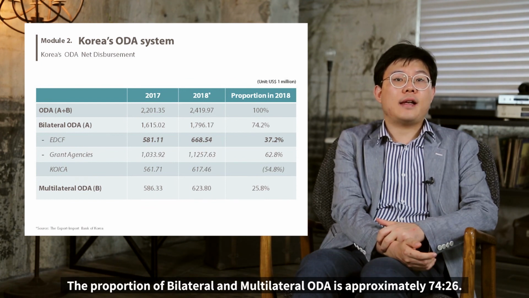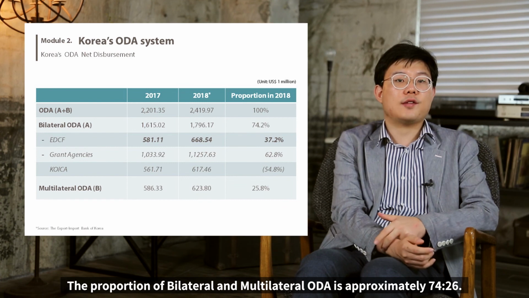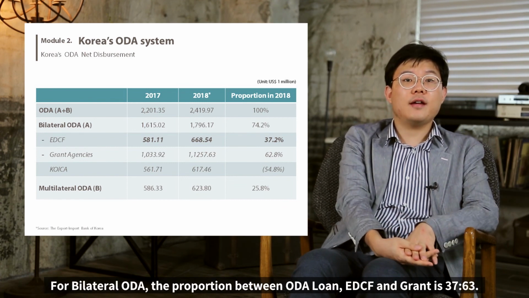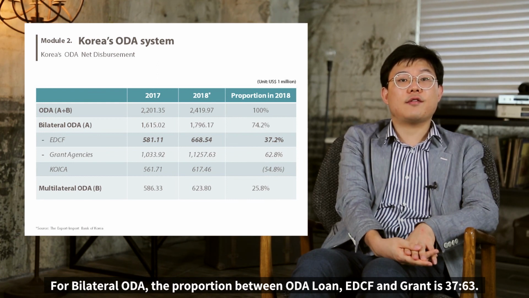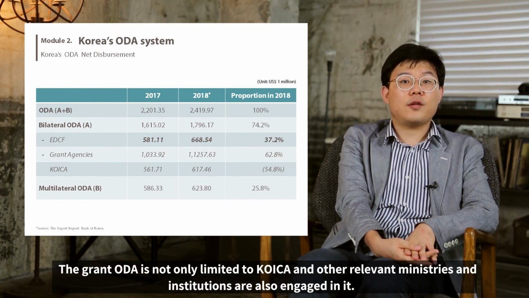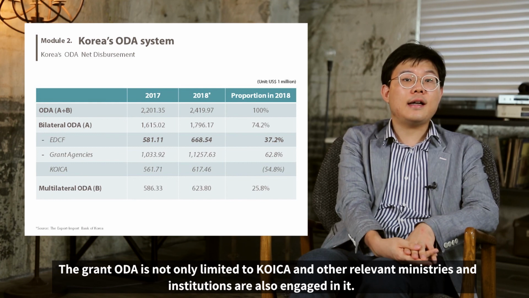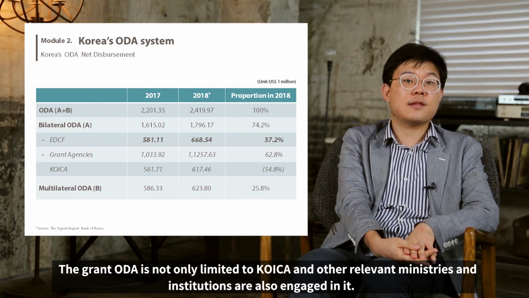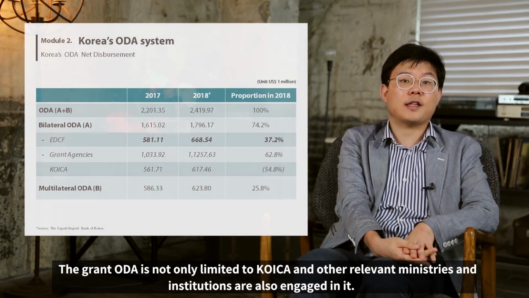The proportion of bilateral and multilateral ODA is approximately 74 to 26. For bilateral ODA, the proportion between ODA loan and grant is 37 to 63. The grant ODA is not only limited to KOICA, and other relevant ministries and institutions are also engaged in it.